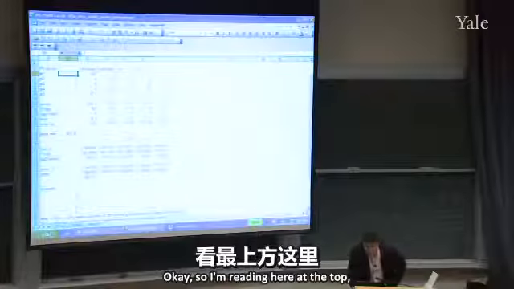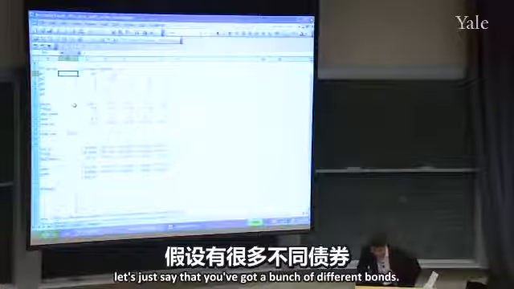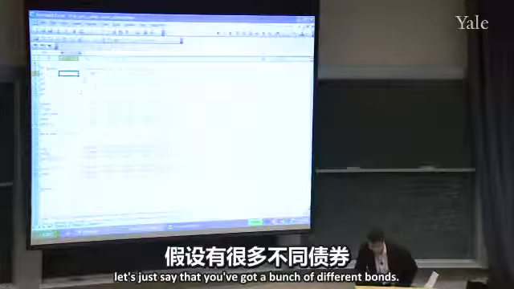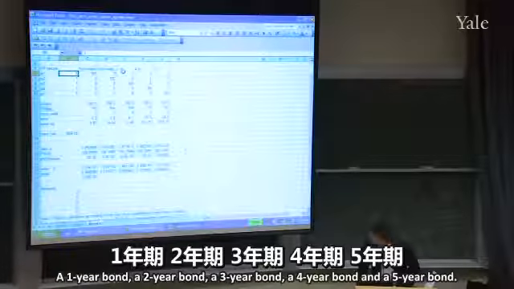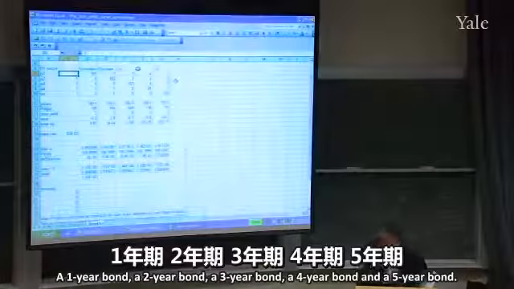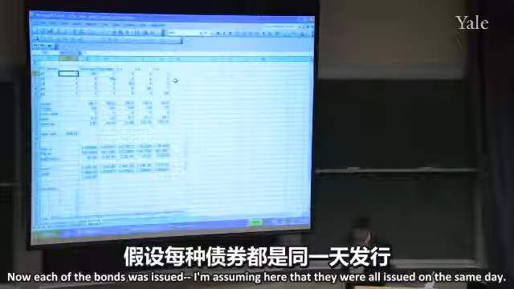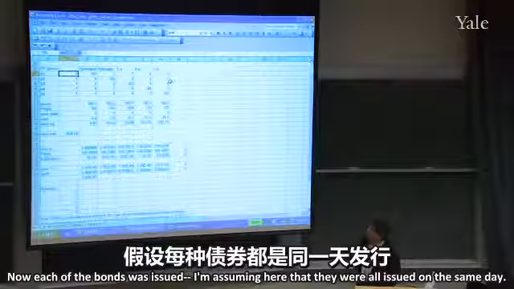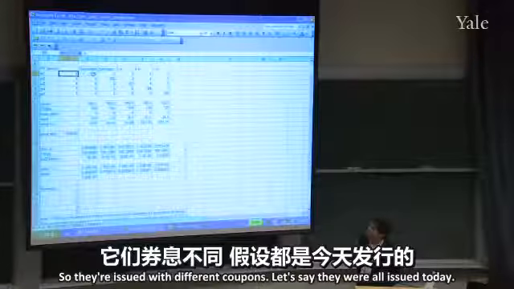Let's just say that you've got a bunch of different bonds: a 1-year bond, a 2-year bond, a 3-year bond, a 4-year bond, and a 5-year bond. I'm assuming here that they're all issued on the same day, with different coupons.